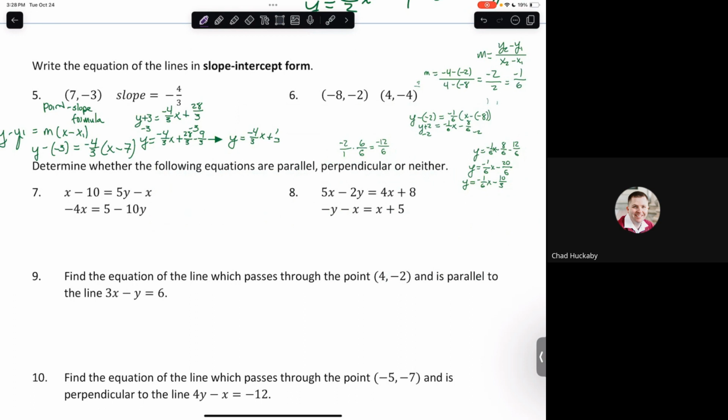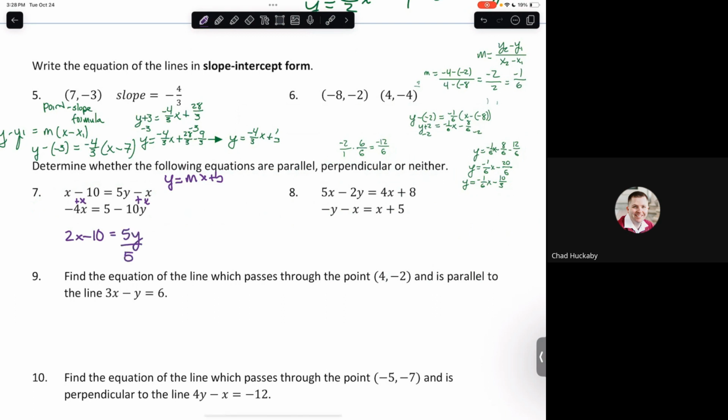Well, the first thing I want to do is, I see these equations that look kind of nasty. I want to get those in y equals mx plus b form first. So for the first equation, I can add x to both sides, and I get 2x minus 10 is equal to 5y.